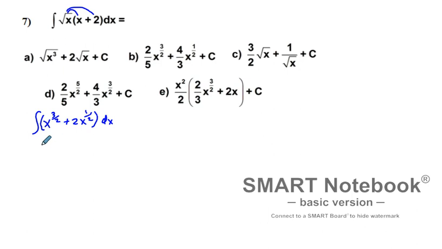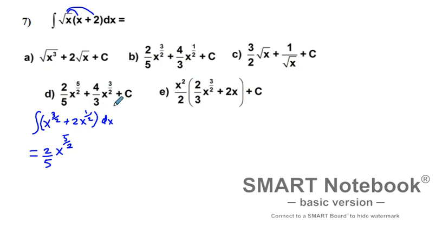And now taking the integral, we have x to the 3/2 plus 1, which is 5/2. And when we divide by 5/2, which is the same as multiplying by 2/5.